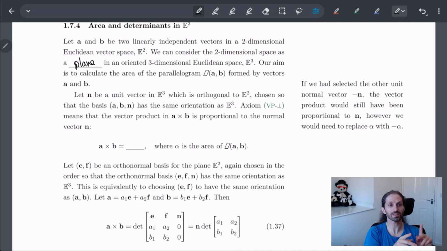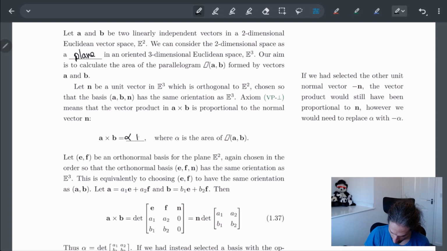But what this basically says is that, since a cross b is in the same space as n, what this means is a cross b is just alpha times n for some alpha. And in particular, alpha is going to be the area of the parallelogram formed by A and B. Why?